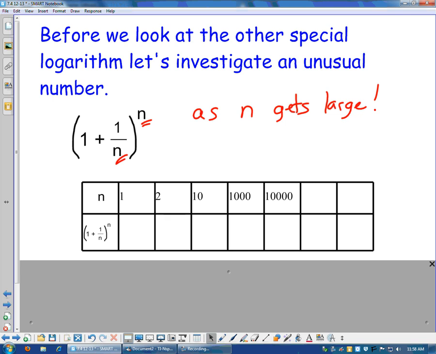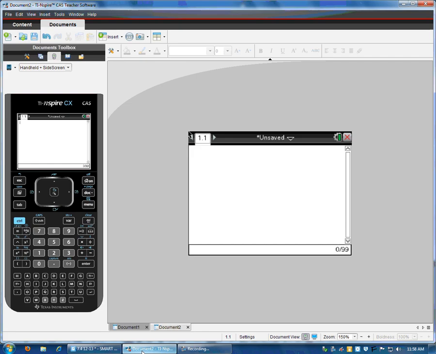So let's try this here. If we're going to plug in 1 for this, we can go to our calculators and type it in. I'm going to do left parentheses 1 plus, I'm pulling up a fraction template, so I want 1 divided by 1, 1 over 1.